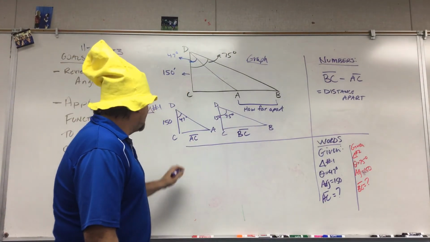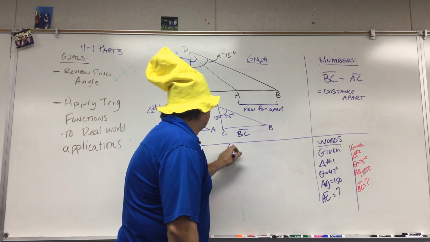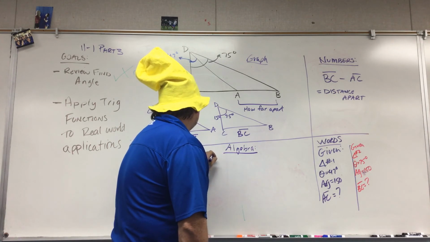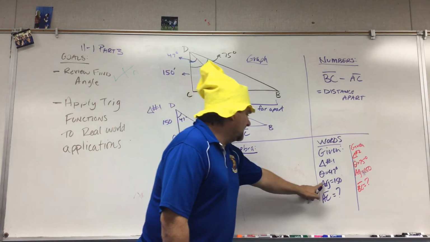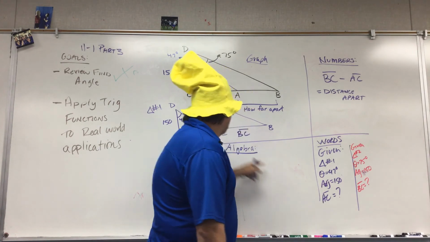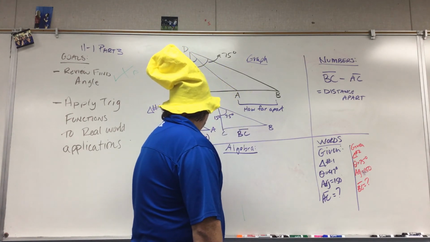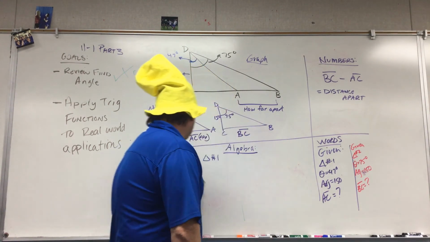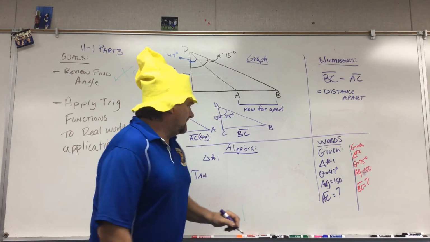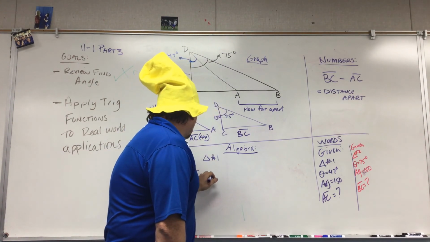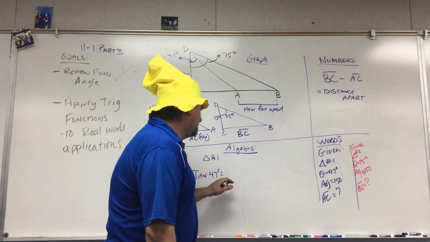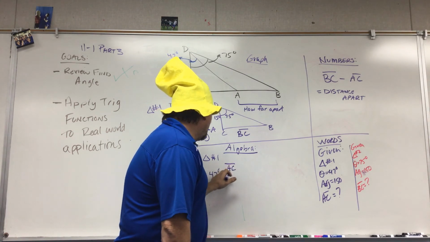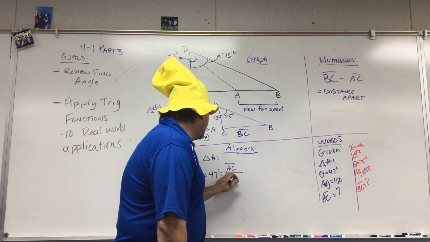So we're looking at triangle 1. Here's my algebra. This is opposite, right? We're going to do tangent because it's opposite and adjacent. So the tangent of 47 degrees is equal to AC over 150.